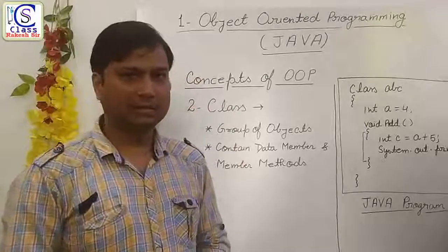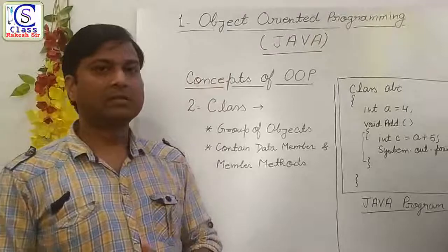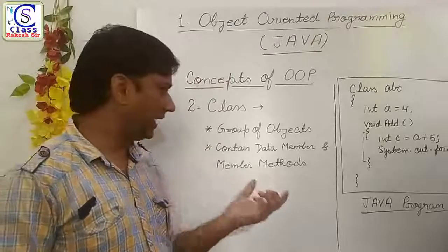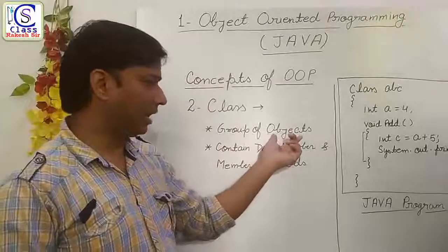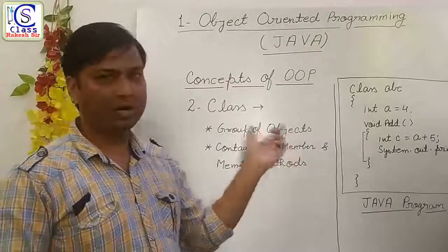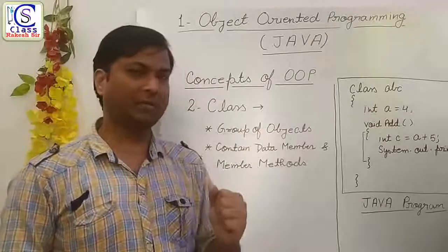What is a class? The definition of class is a group of objects. Class is a group of objects, but all the objects should be of a similar type. Similar type means that they have common properties.